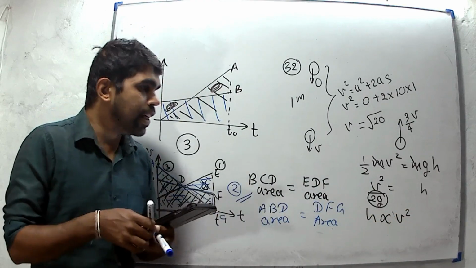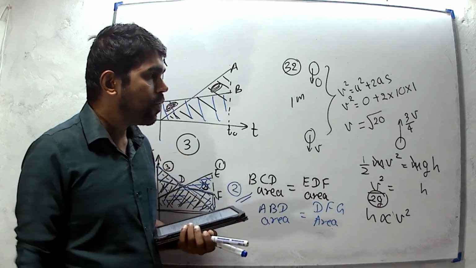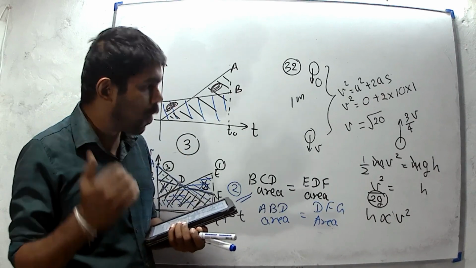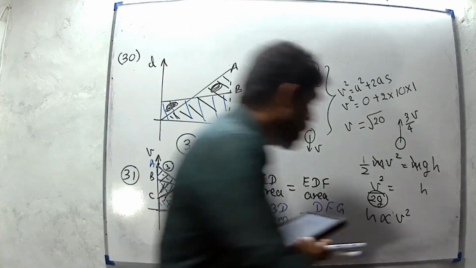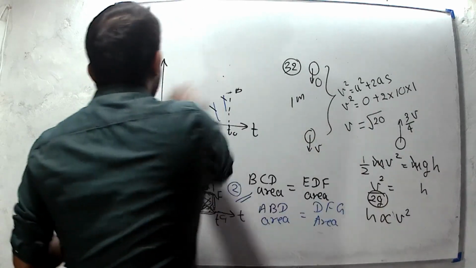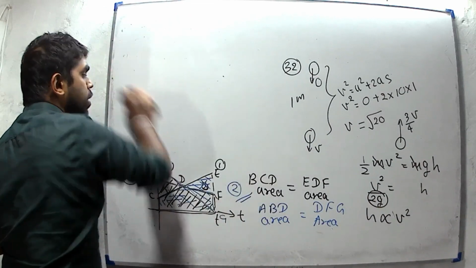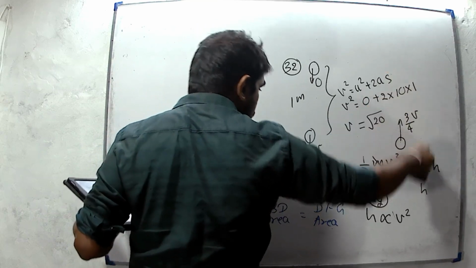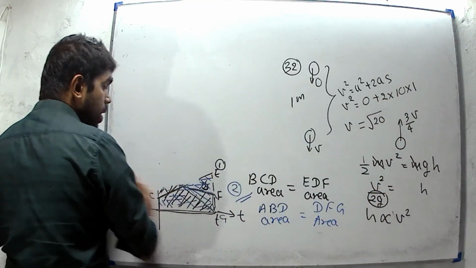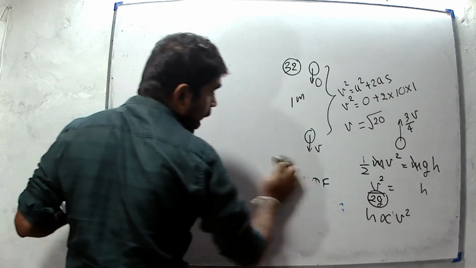Now we can consider that for the first bounce, velocity becomes 3 over 4 v. For the second bounce, it reaches the floor with this velocity and rebounds again.